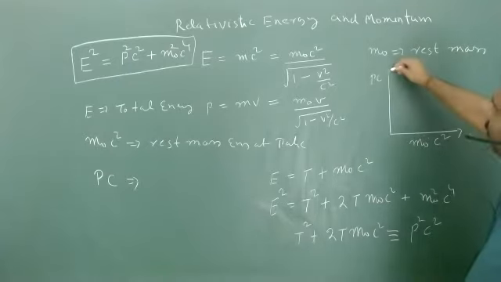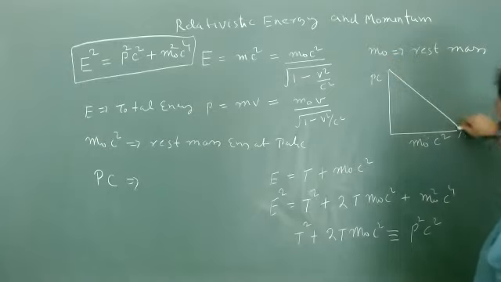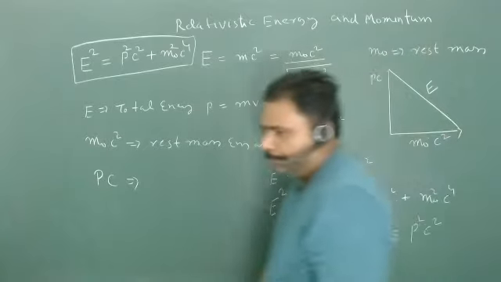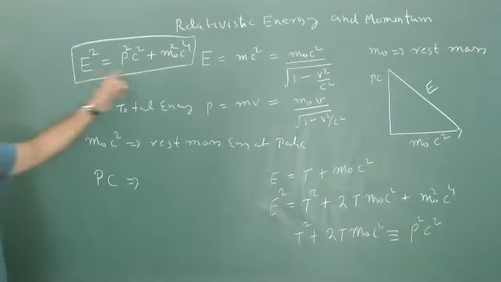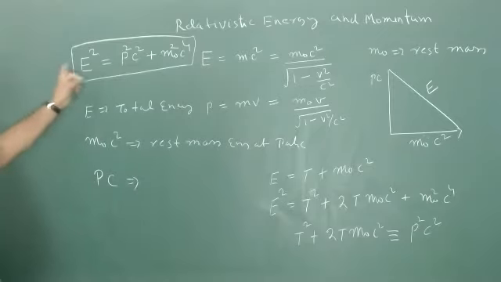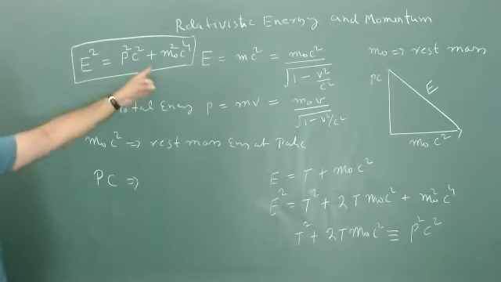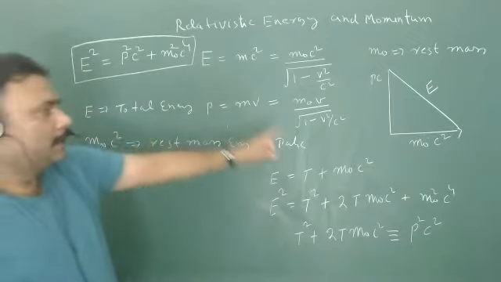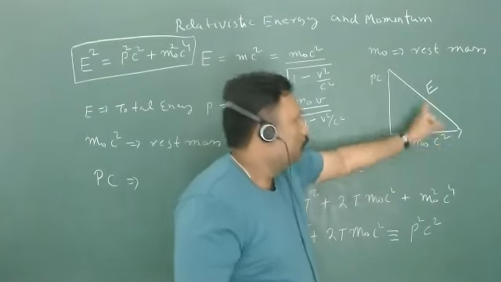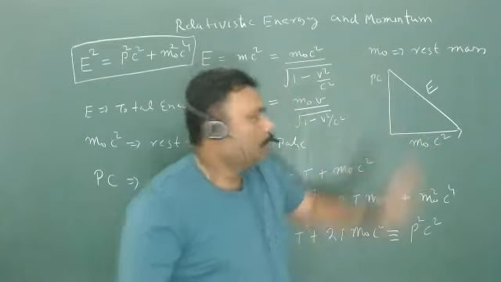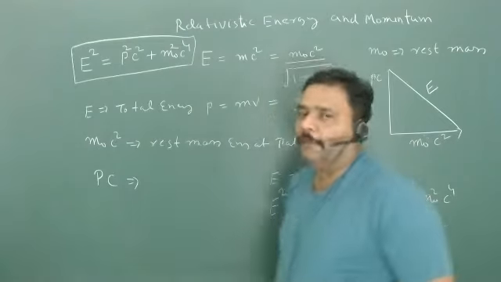Can I claim that this particular thing is the total energy of a particle, according to Pythagoras law? Yes, absolutely. It is following Pythagoras law, because PC square plus m naught c square whole square is equal to E square.